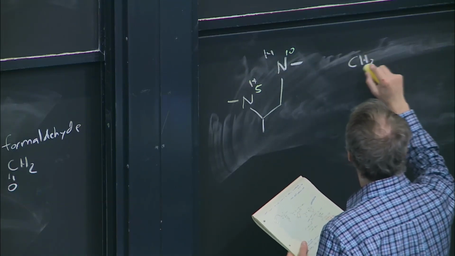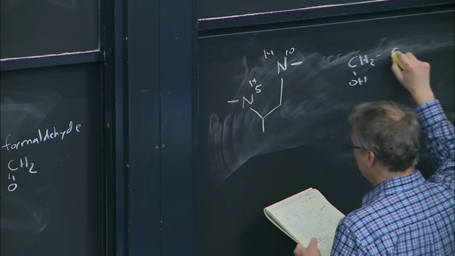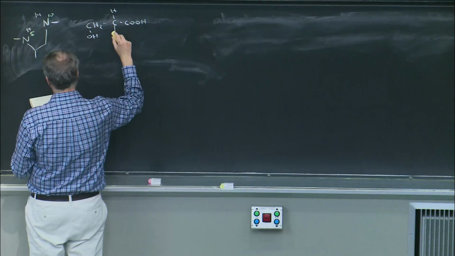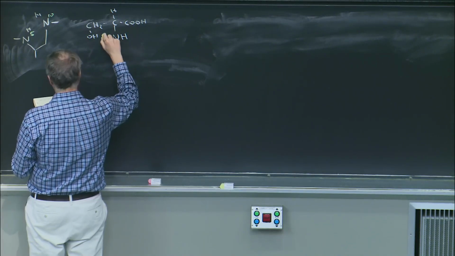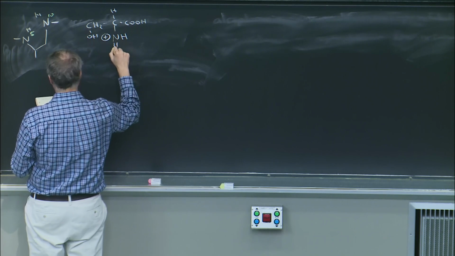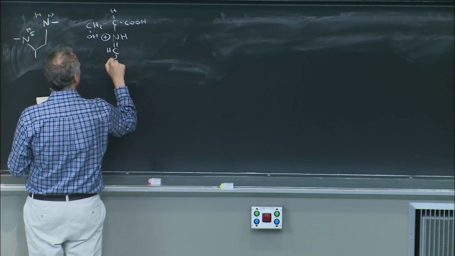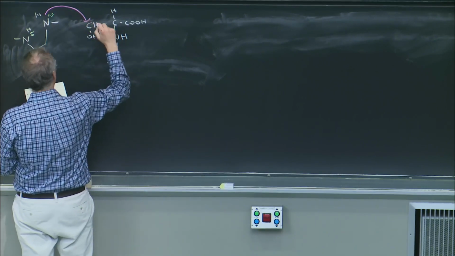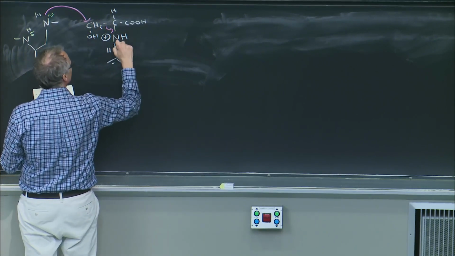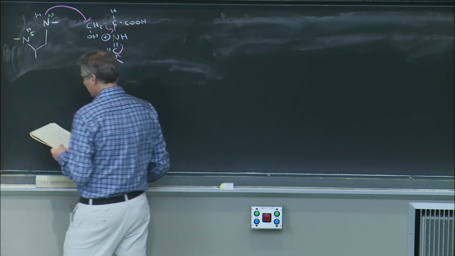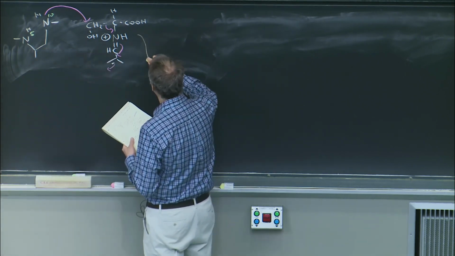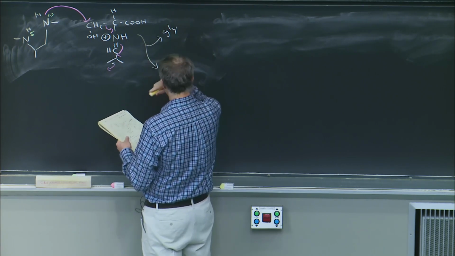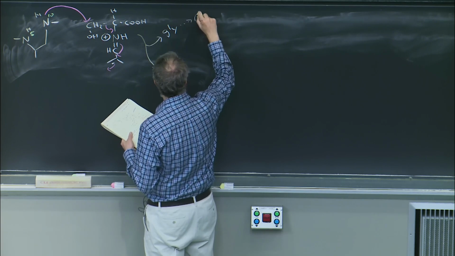And so here is the intermediate in serine glycine conversion bound to pyridoxal phosphate, etc. And that will release glycine and eventually PLP.